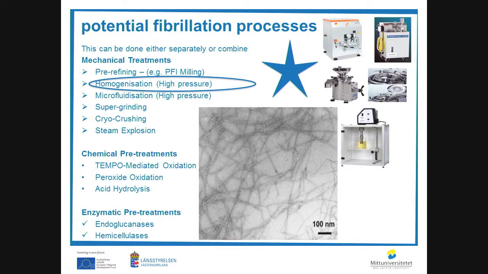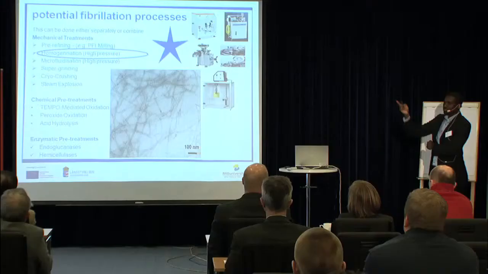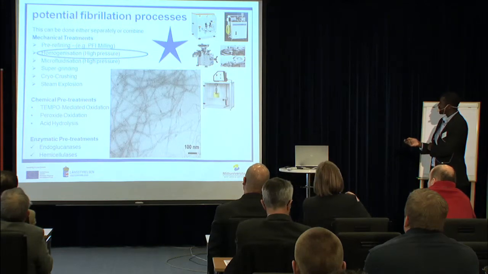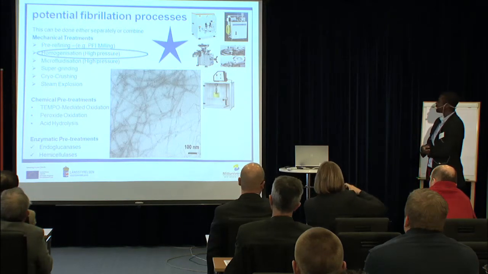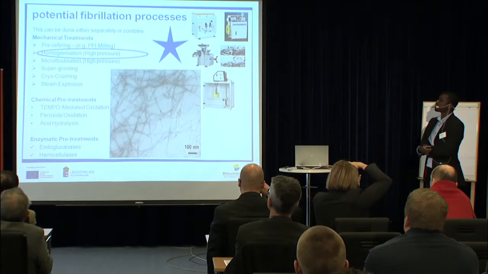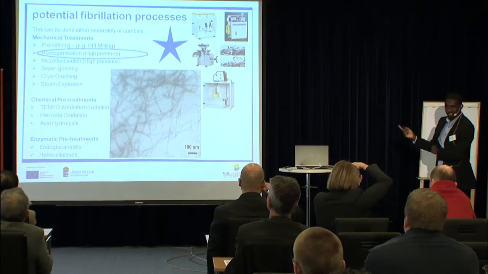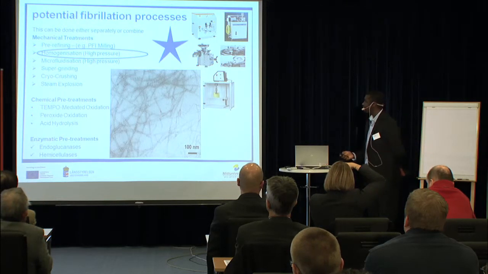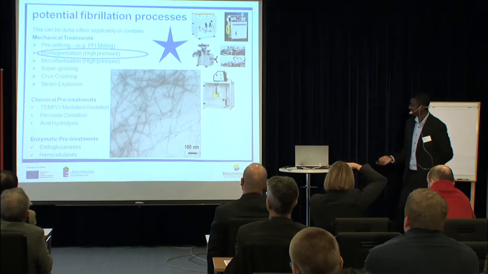We can also use chemical-assisted methods and enzymatic methods. In my research project, we are trying to use high-pressure homogenization, and we could really see the different instruments used in this mechanical action. We have the microfluidizer, the homogenizer, and different kinds of aspects, and the TEMPO treatment is a very effective method of producing this.